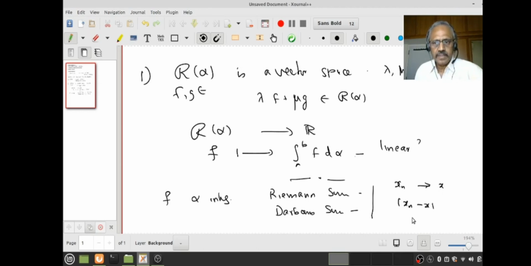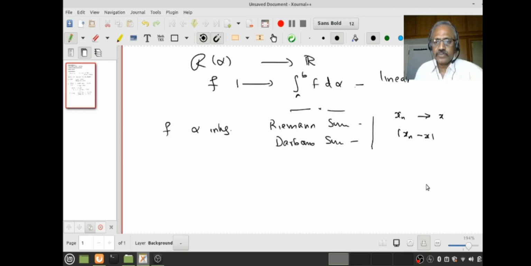But if I want to show only that x_n is convergent, and I don't have any idea what the limit is, then what will I do? I will use the Cauchy criterion. I will show that the sequence x_n is Cauchy. Similarly here also we have the same thing.